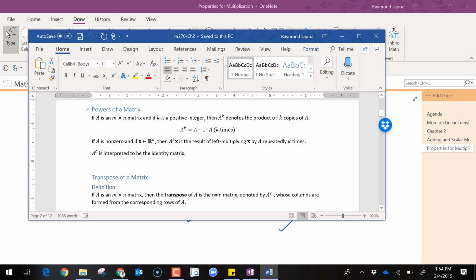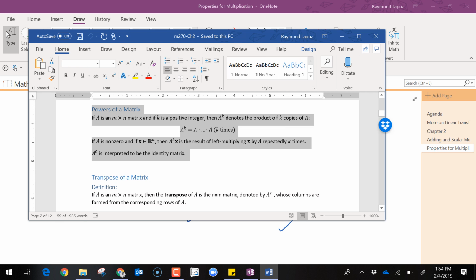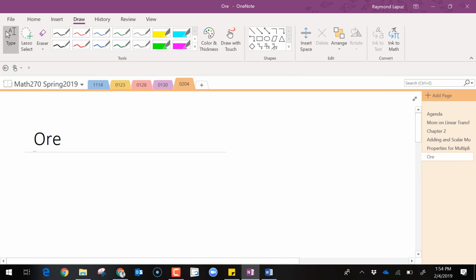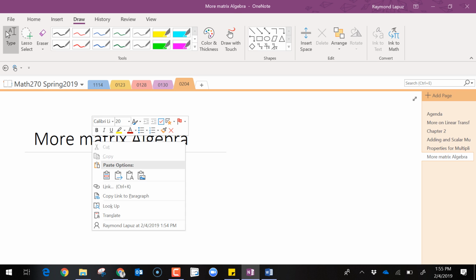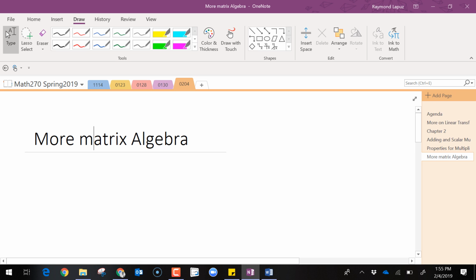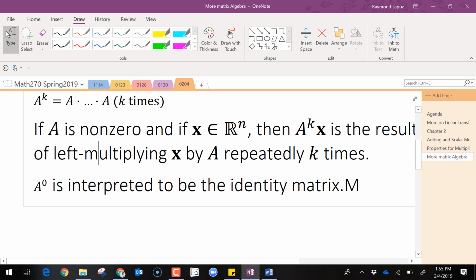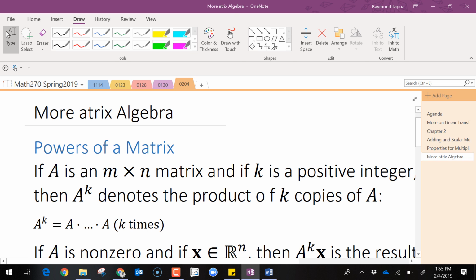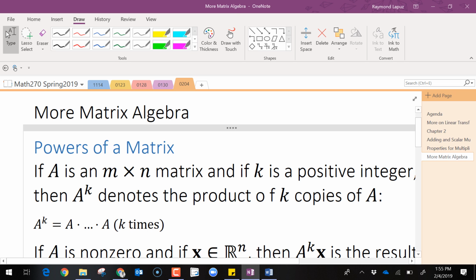A couple more ideas. And these ideas aren't really based on matrix algebra.